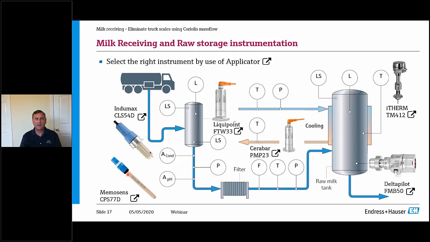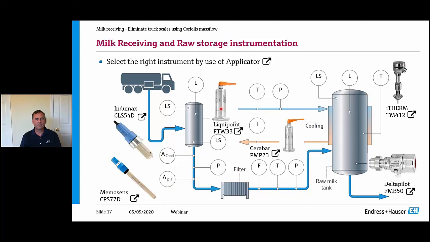If this pH value is too low, that means your milk has gone sour, and you do not want it to go further into your process and potentially contaminate the larger storage capacity you have in your large milk silos. So an inline pH measurement is just a safeguard to make sure that there's no bad product coming into your plant.